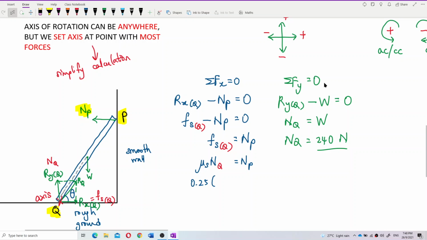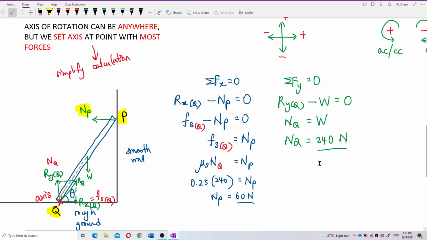From here we can find the normal force for P. Let's calculate what the normal force for P is. I got 60. The normal force for P is 60 Newton.